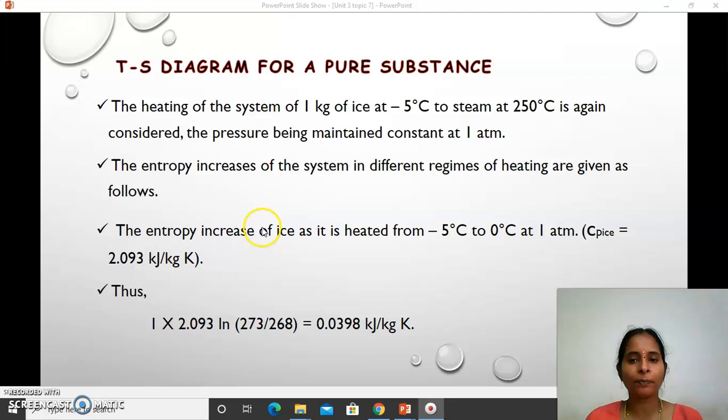Okay, now let me go to the calculation of the entropy increase. We have classified the divisions for each regime: minus 5 degrees Celsius to 0 degrees Celsius.